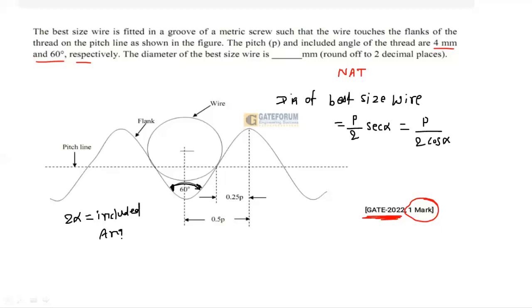This 2 alpha is given as 60 degrees. So what will be alpha, my dear friends? This will be 30 degrees.